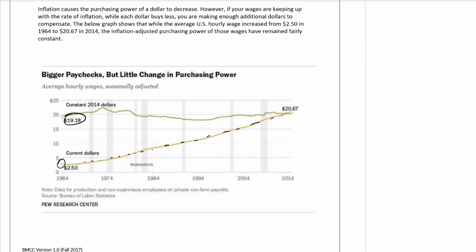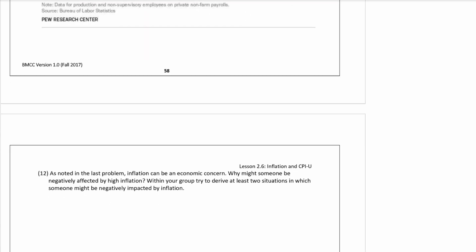You see, even though the prices were going up, its purchasing power of buying goods has not fluctuated as much.